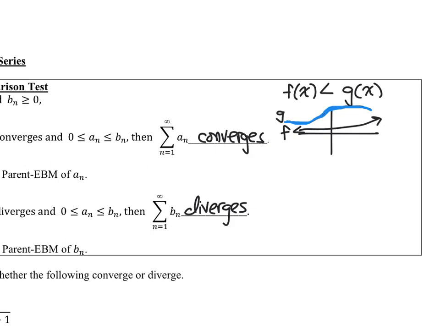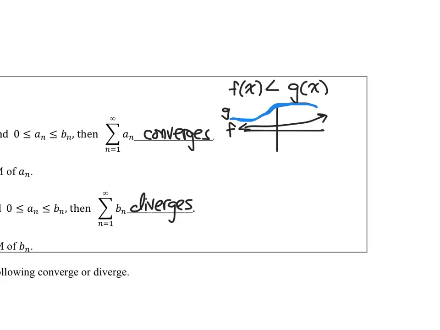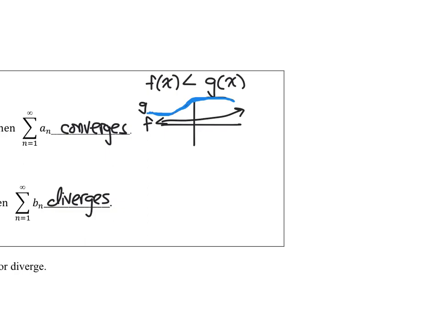One would be if g of x is converging on a particular value. If it was, then f of x would also have to converge on that particular value. So let's say g of x is going to eventually work its way back down to the x-axis and converge on that x-axis.